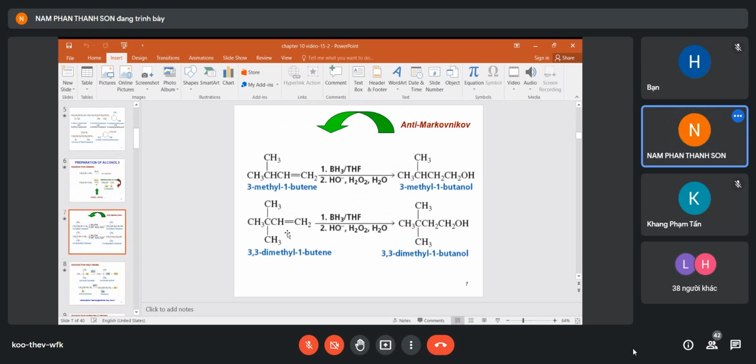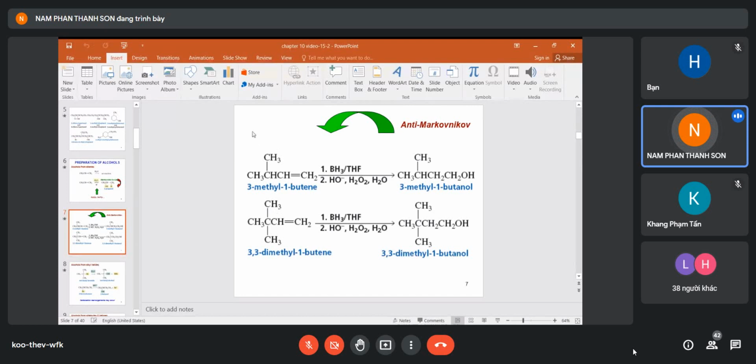Okay. And if you don't want to have rearrangement and with anti-Markovnikov addition, we need to use boron. Hydroboration with BH3 and then oxidation with hydrogen peroxide in basic media. So we have anti-Markovnikov addition without rearrangement.